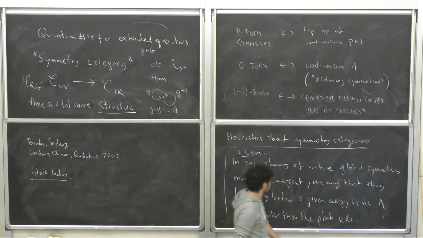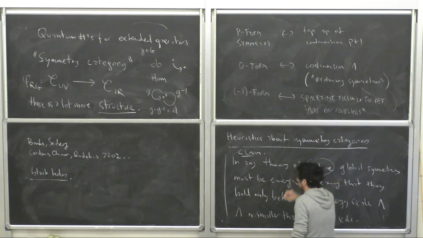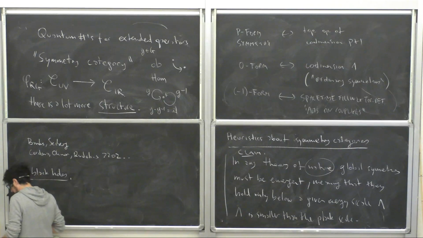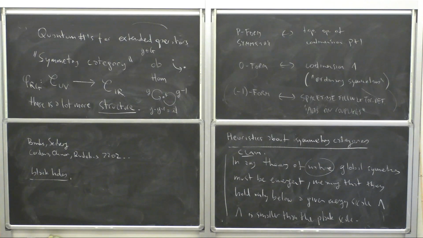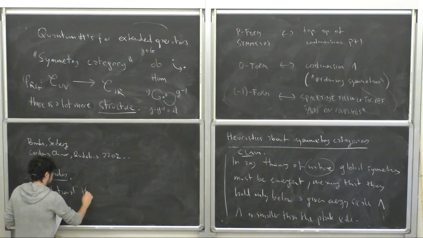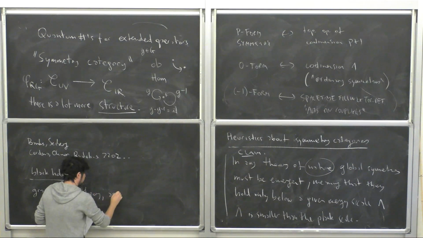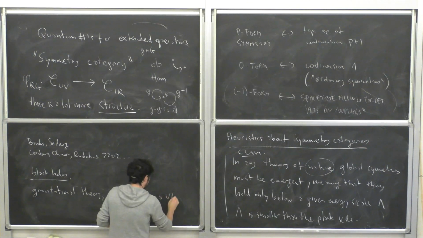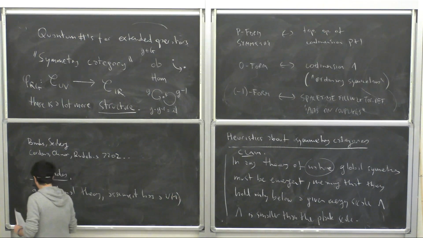The main point is that if you have a theory of nature, this theory must include gravity, and so it must include black holes. So take a gravitational theory, and assume it has a U(1) conserved global current.